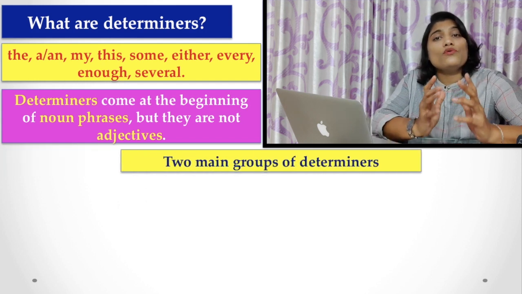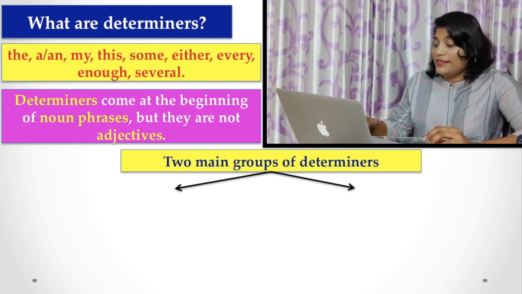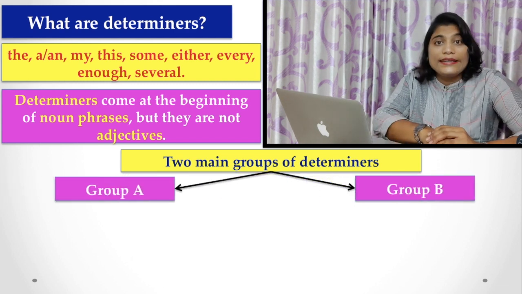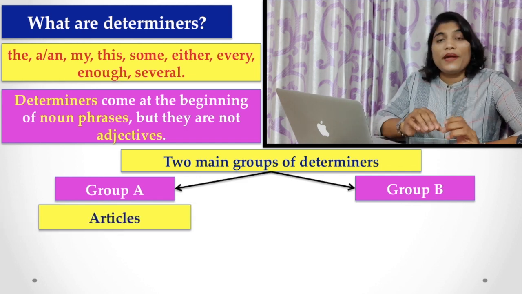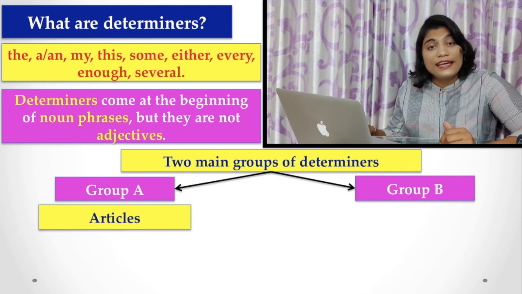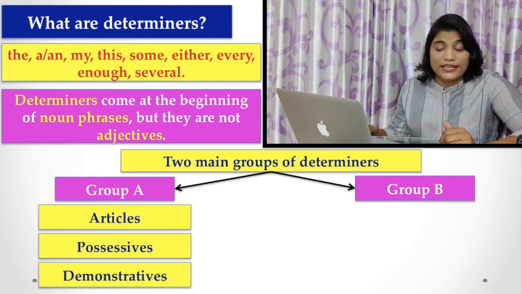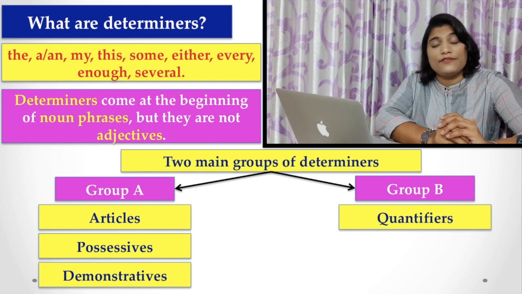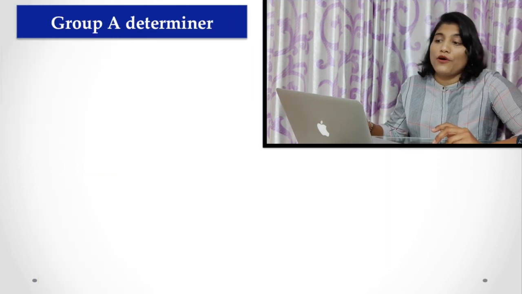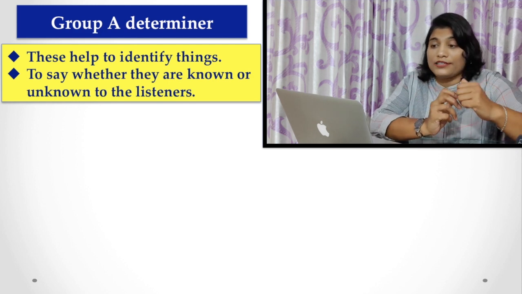There are two main groups of determiners. What are they? They are group A determiners and group B determiners. Group A determiners are the articles, possessives, and demonstratives, and group B determiners are the quantifiers. First of all, we have to know what group A determiners are.